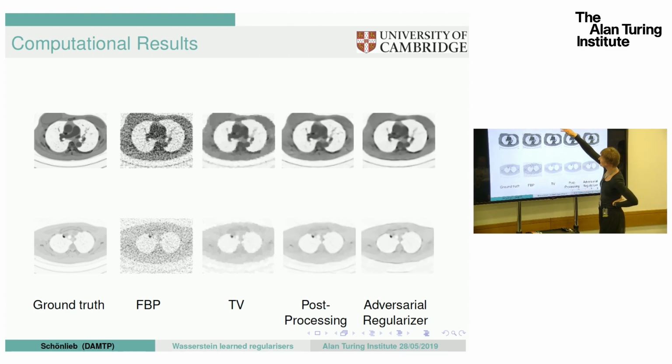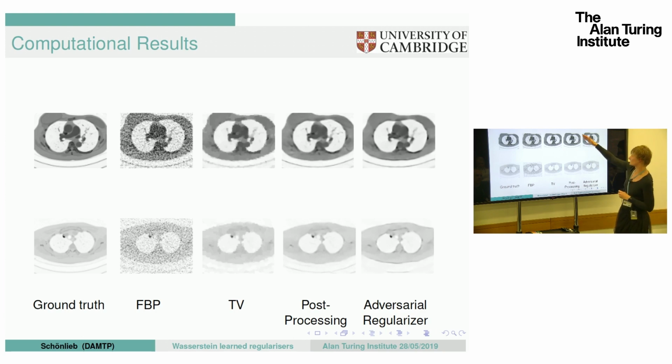Now, what do you get with total variation? Doesn't look too bad. I mean, it looks typically total variation like. This is what you get with post-processing with Michael's approach, so filtered back projection and then the UNet. Okay, and this you didn't talk about today, right? No. So Michael actually worked on the post-processing too.